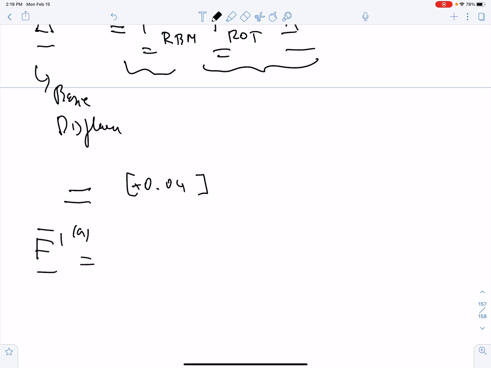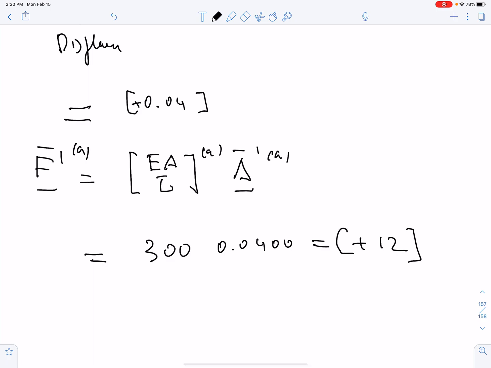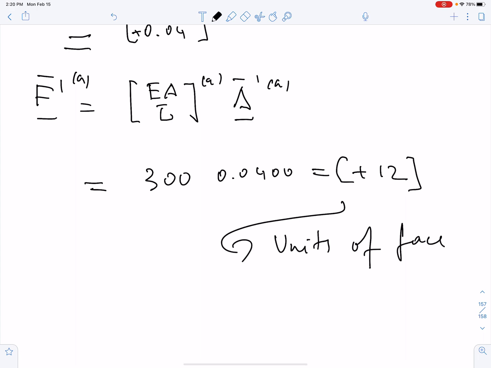And so now you can compute the basic force. It will be the basic stiffness, EA over L for element A, times delta for element A. This is 300 times 0.0400, you get plus 12, so this is going to be units of force.